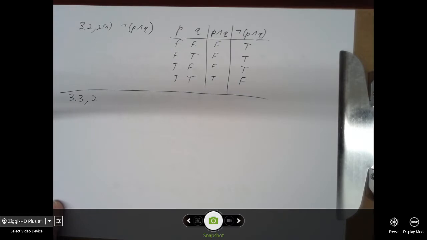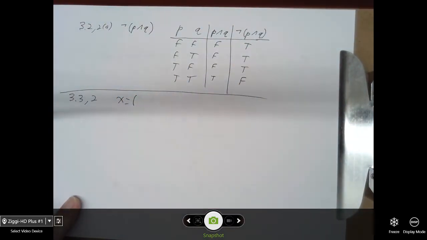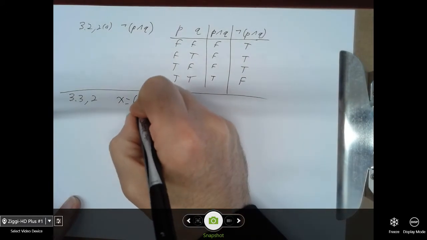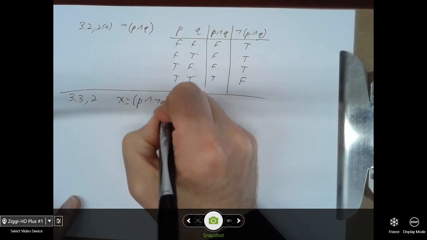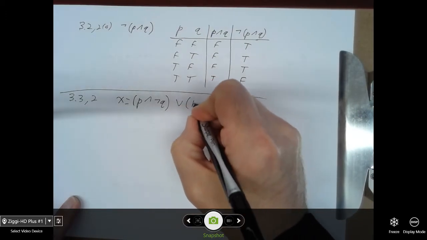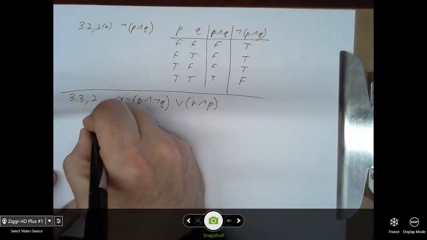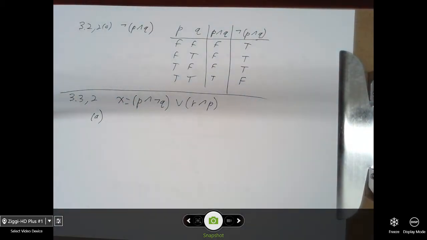So question 2, we were given this proposition X, which was equal to P and not Q, or R and P. So the first part was to give a proposition other than X that's logically equivalent to X.